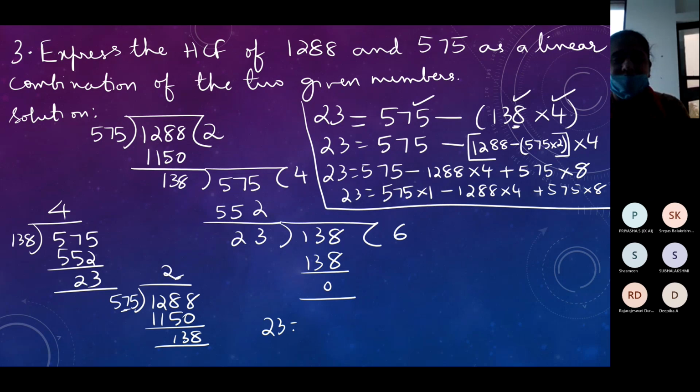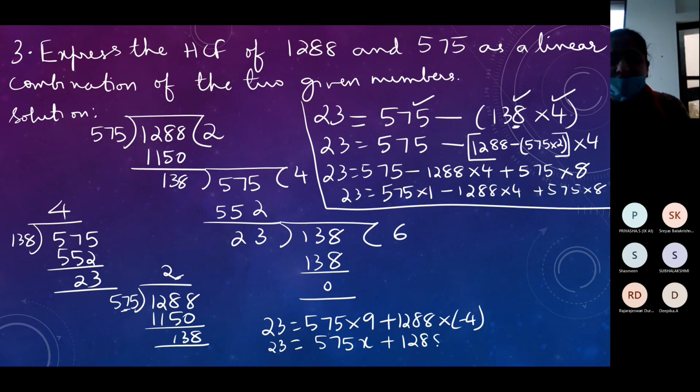So 23 is equal to 575 nine times plus 1288 into minus 4. So we have expressed the HCF 23 as a linear combination of two numbers: 575x plus 1288y, where x is equal to 9 and y is equal to minus 4.